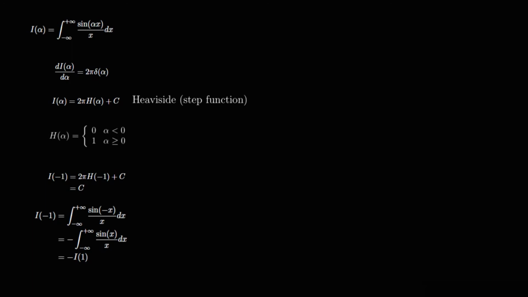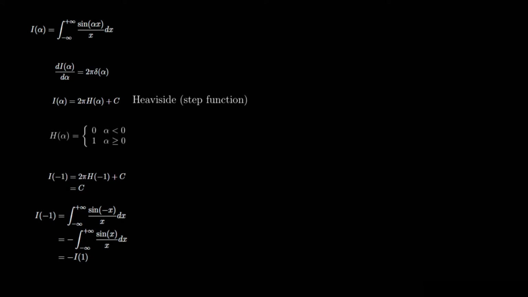We can calculate I of minus 1 using the definition of I of alpha. After evaluating I at alpha equals minus 1, we obtain the integral from minus infinity to plus infinity of sine of minus x over x.